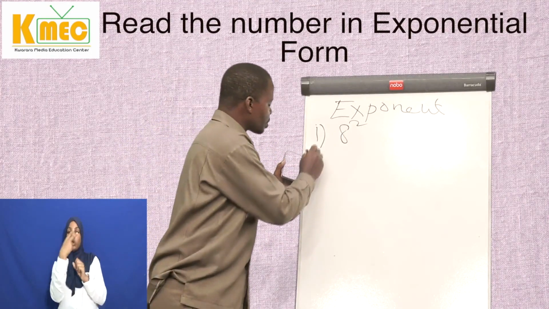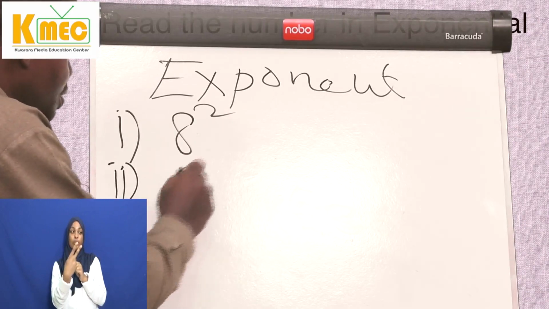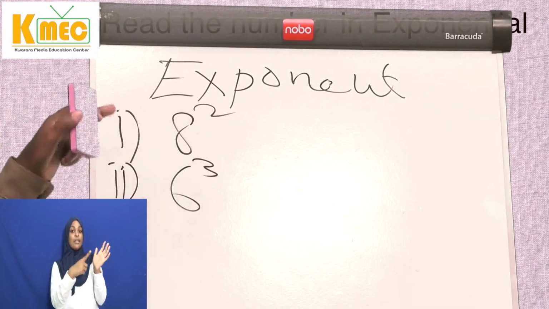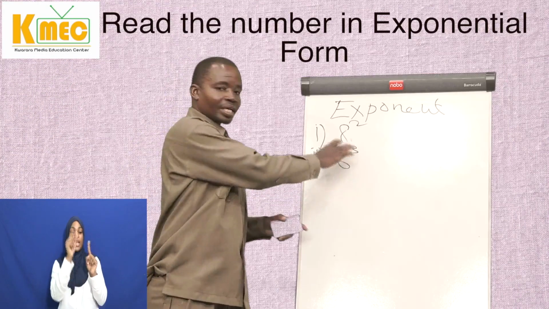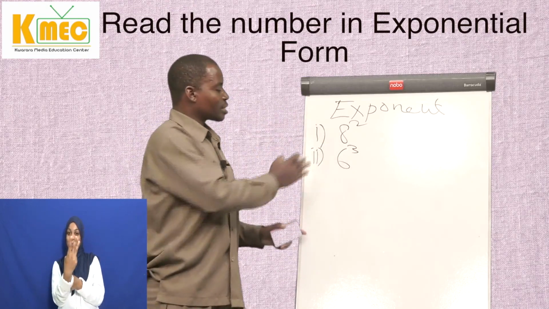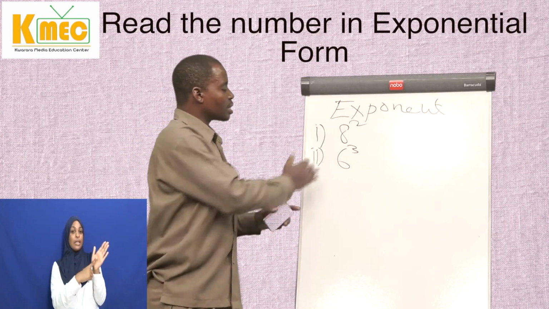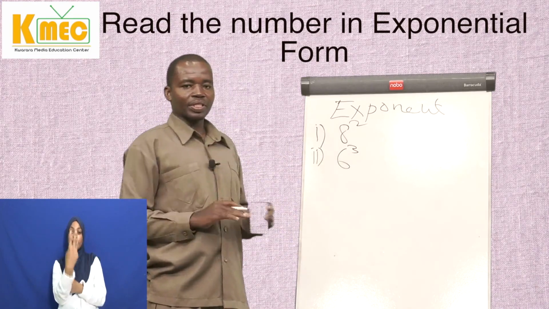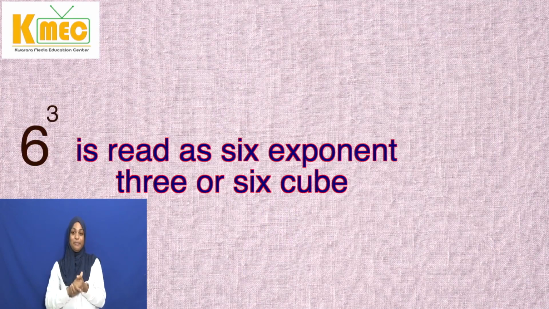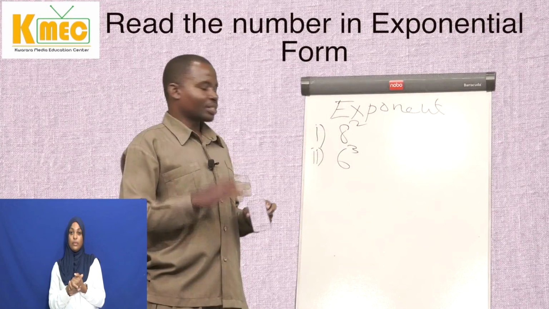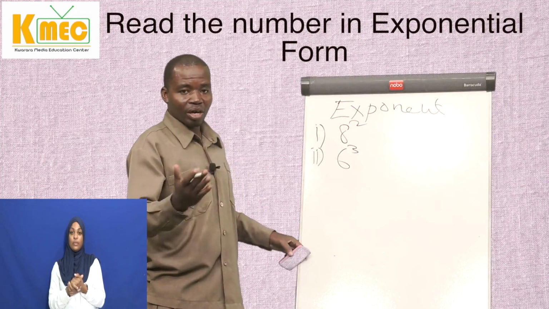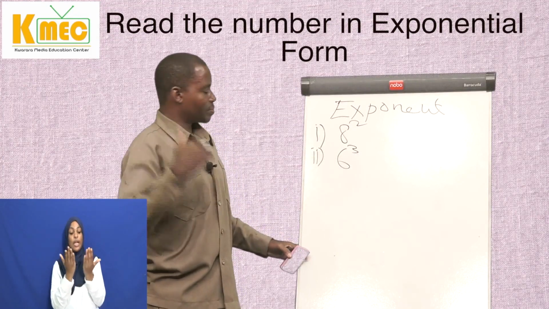And number 2 here, 6³ is read as 6 exponent 3 or 6 cube.